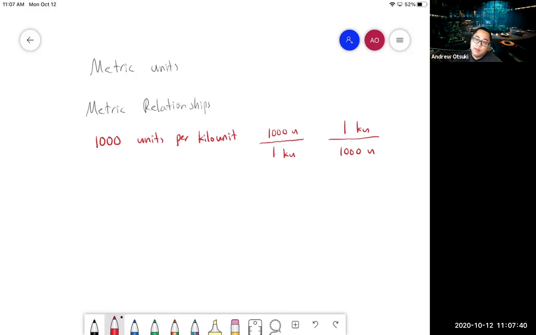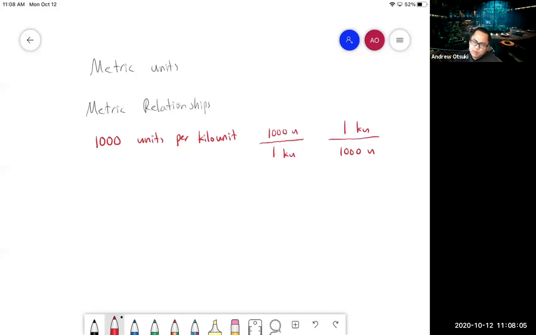So just remember where you start out and whether the value makes sense at the end. If I'm starting from kilo unit, I should end up with a number that's much larger than what I started with. If I'm going to reverse, I should end up with a number that is much smaller than what I started with.